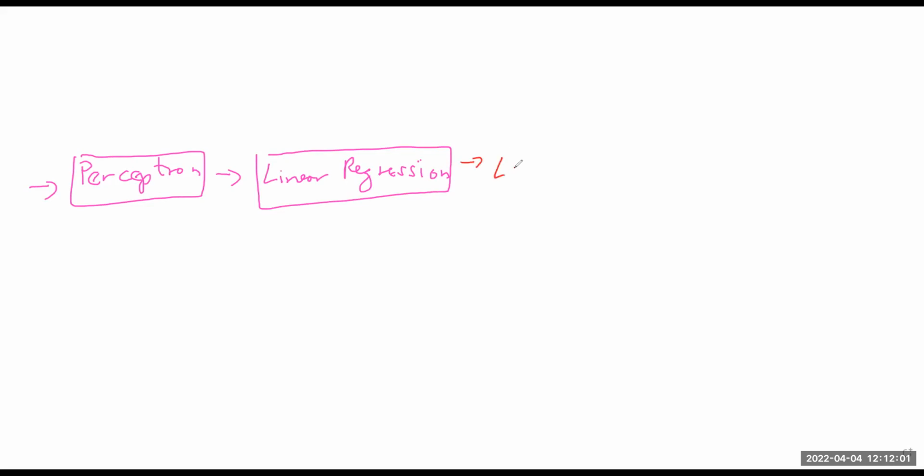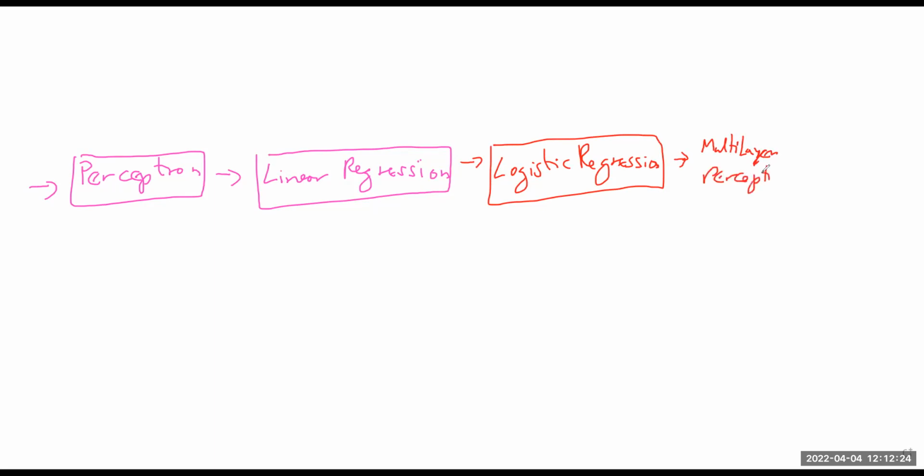Now I've said we're moving into logistic regression, and then there's the multi-layer perceptron. Notice they both have the same name, perceptron. This is just a multi-layer perceptron. And then finally, deep learning. So this is the best sequence that we can look at.